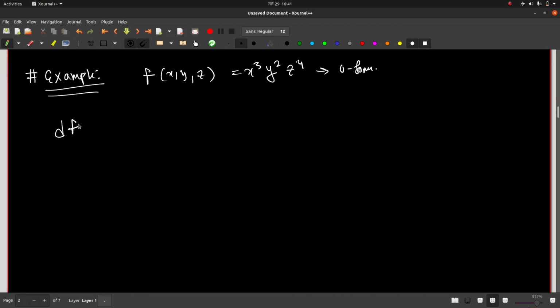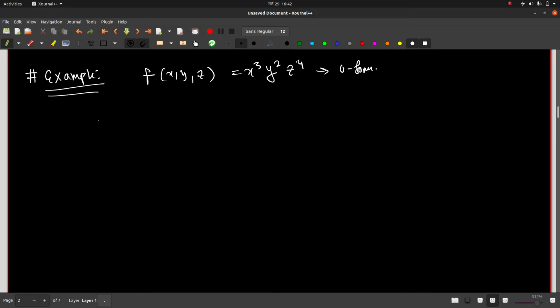But what we want to see is how to do these calculations when you are actually going to compute a quantity like this, d of f, right? That's what we want to consider, because that was the very motivation for introducing this exterior derivative, so that we can take derivatives of forms, right?